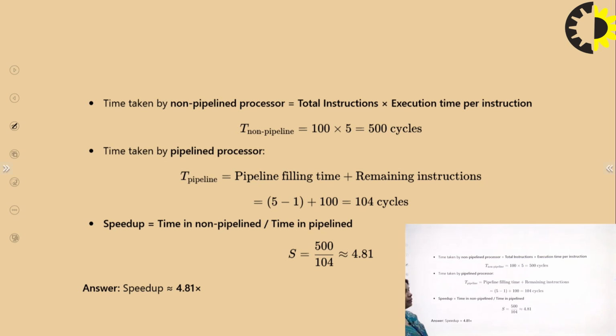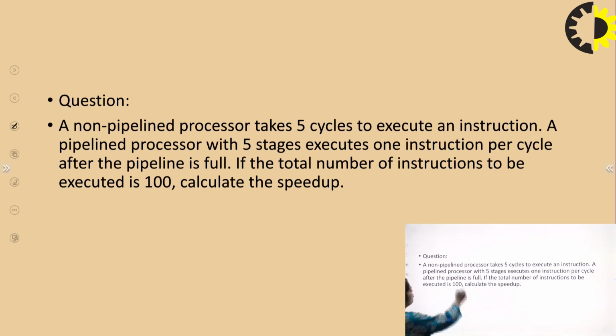Now, this is a simple example for the non-pipeline processor. This is the question: a non-pipeline processor takes 5 cycles to execute an instruction. 5 cycles means 5 segments with the task, so the clock cycle time is 5. Then the pipeline processor with 5 stages. 5 stages means K equal to 5.